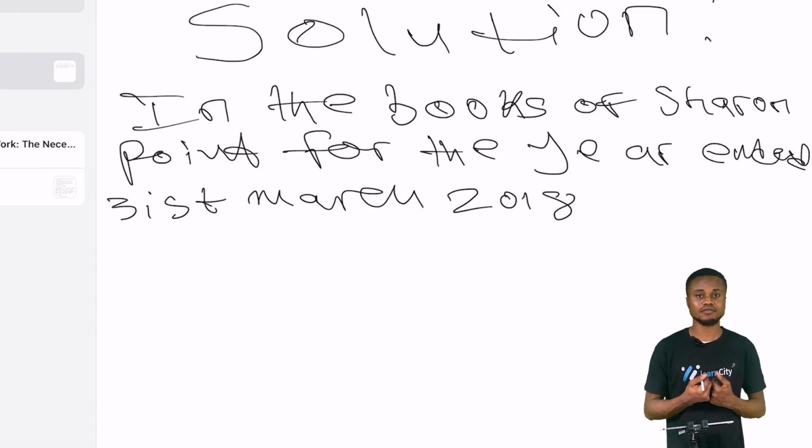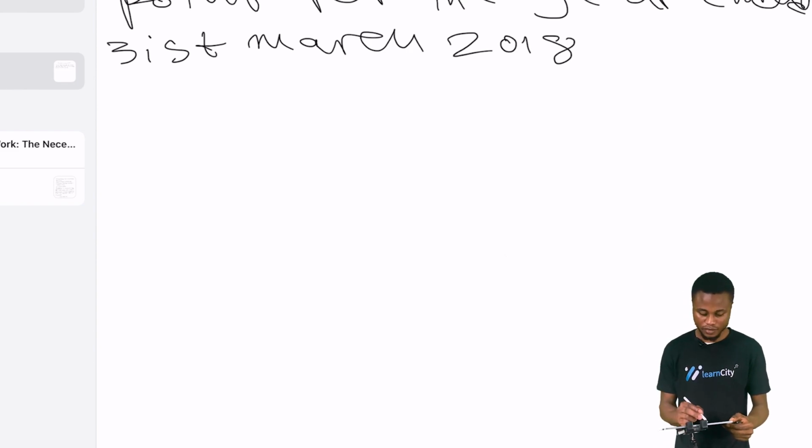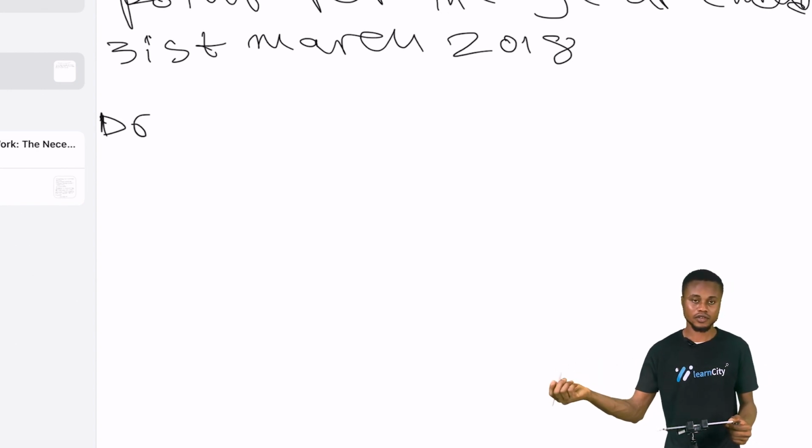After that, don't forget in accounting, your debit side and your credit side too. Your debit side is on the left hand side and your credit side on the right hand side.